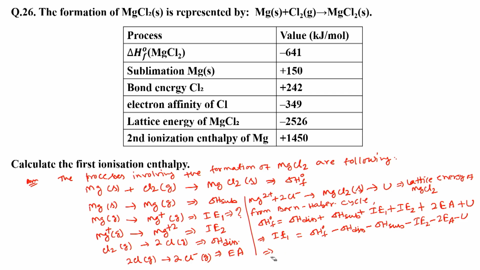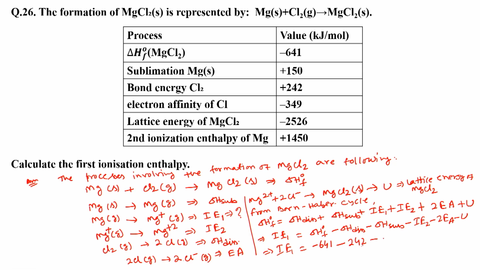Now we substitute all the values. So, we can write IE1 is delta H naught F is given, minus 641, minus delta H dissociation, which is also given, plus 242, so minus 242 here.